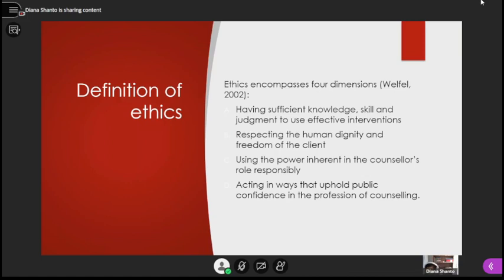You have to upgrade your skills always. You have to respect human dignity, c'est-à-dire respect de l'autre, et aussi l'autonomie, freedom, independence of the client, et acknowledge that there is a power difference between you and the client. Et quatrièmement, c'est acting in ways that uphold confidence in the profession. C'est-à-dire par rapport à comment on se comporte, comment on travaille, how professional are we, that people can trust us.